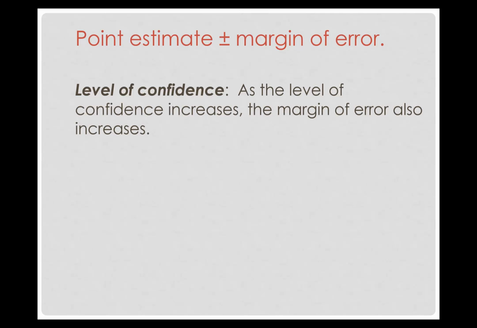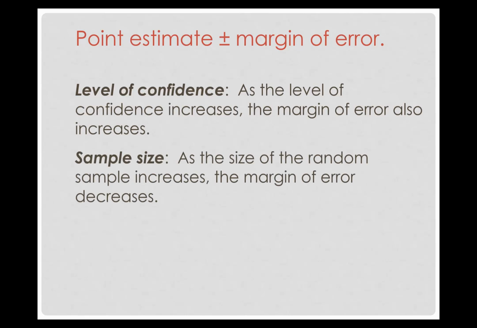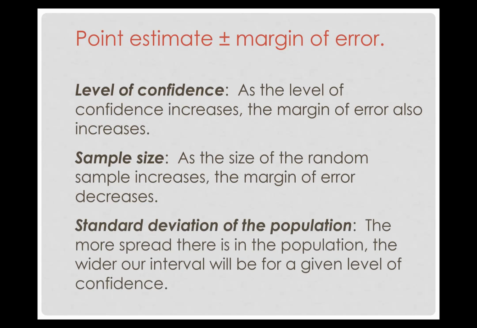As our level of confidence increases, the margin of error increases. As the size of the sample increases, the margin of error decreases. And the more spread there is, the wider the interval will be for a given level of confidence. Those are all just the same as with the population proportion.